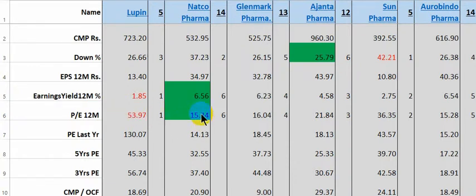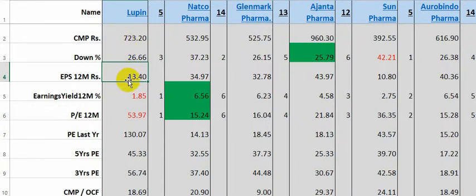Many investors like to see it in exactly the opposite way, that is, the higher the price earning multiple, the better it is. But as far as I understand, here the earnings have fallen to 13.4 rupees per share, whereas the price is at 723.